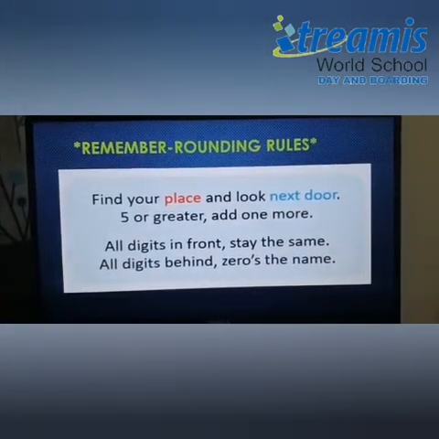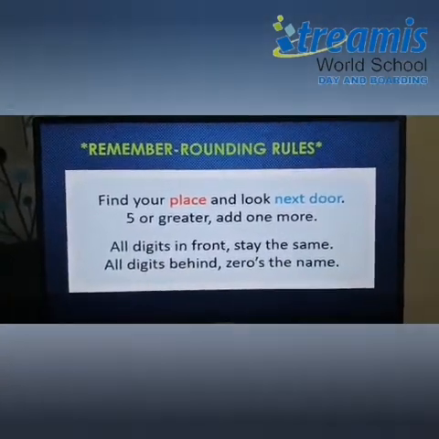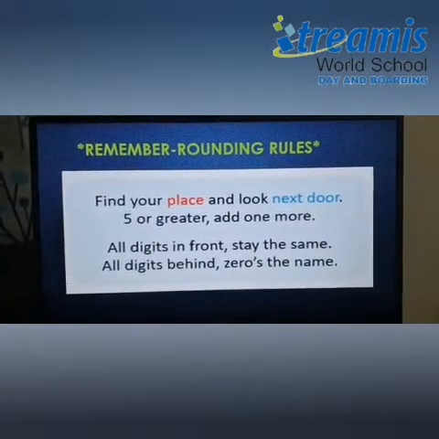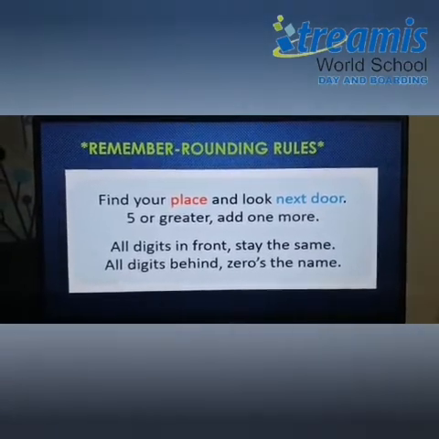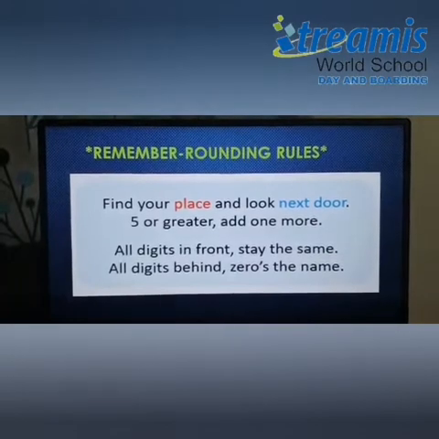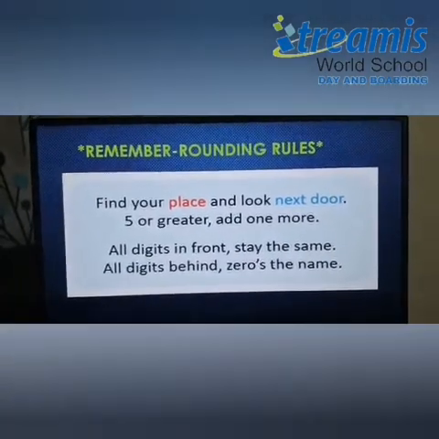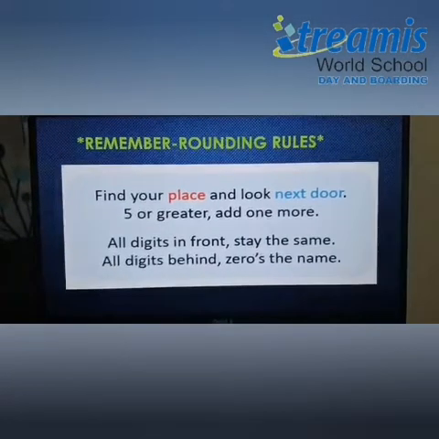And the rule is, find your place and look next door. 5 or greater, add 1 more. All digits in front stay the same. All digits behind, 0 is the name. So that's the rule which you need to remember, children.